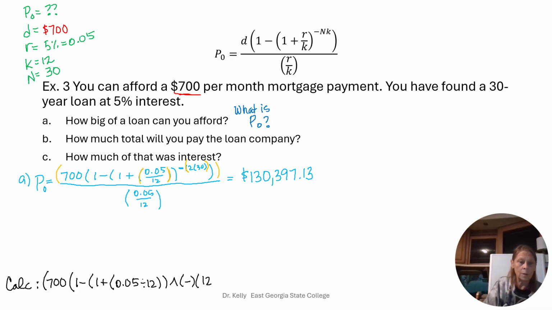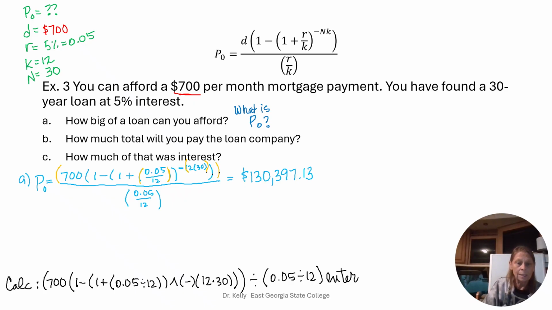Open 12 times 30. Close, close, close. Remember, we got 3 of them. 1, 2, 3. Divided by, open 0.05 divided by 12. Close and enter.